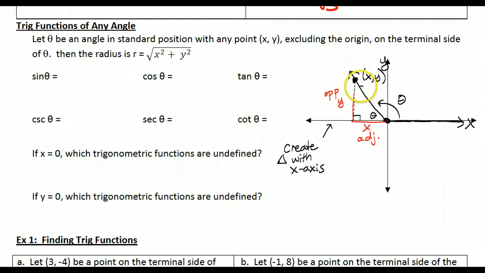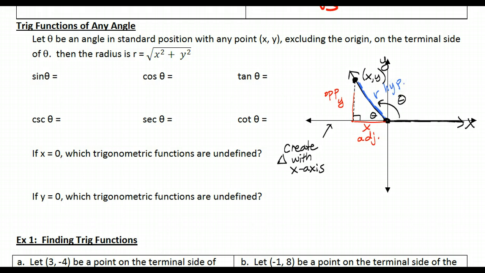We're going to call this distance right here r, and that is standing for the radius. And this is again leading us into using our unit circle, which is why we're calling it a radius, even though I haven't created a full circle. But I could create a circle that point is on. And that radius then is the hypotenuse.